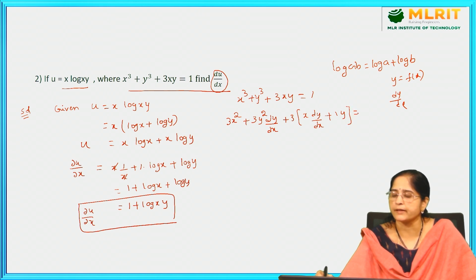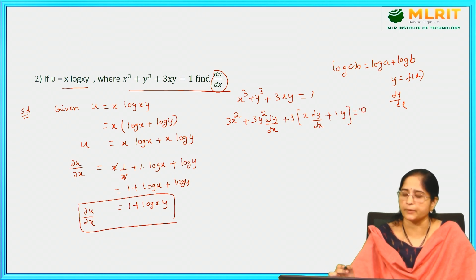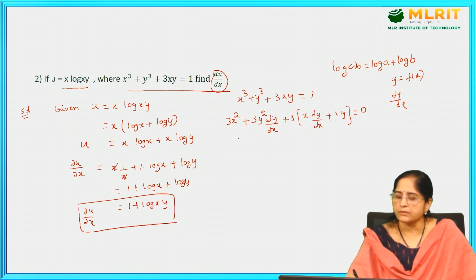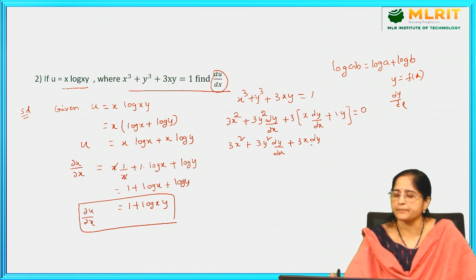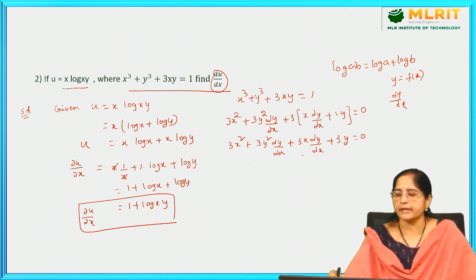This is equal to, derivative of 1 is 0. So this is 3x square plus 3y square into dy by dx plus 3x into dy by dx plus 3y equals 0. Here is dy by dx, here is dy by dx, so dy by dx is common.